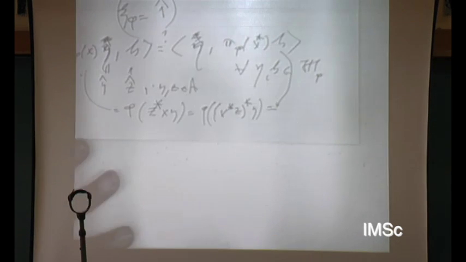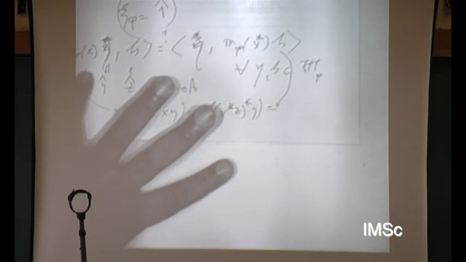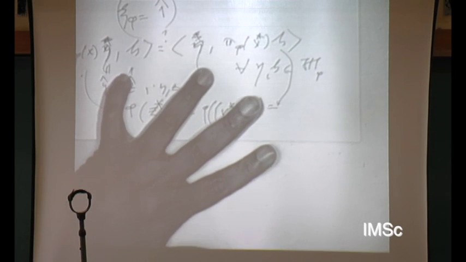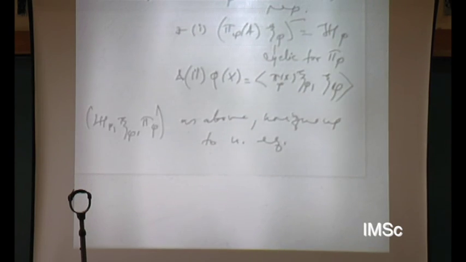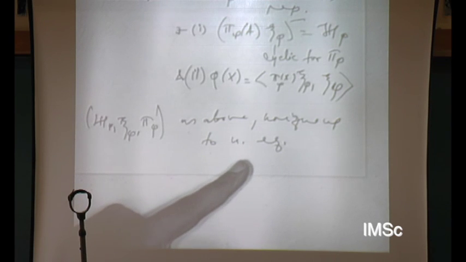So indeed, one sees that this is true, and so pi phi is star preserving. So we've proved everything that is stated in the last page here, except this uniqueness.